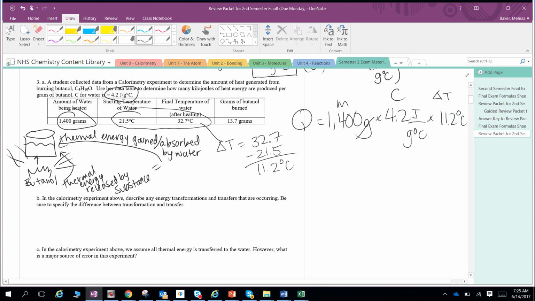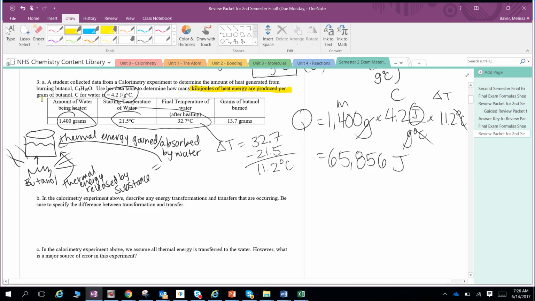Now right away I can see some of my units are going to cancel out. Grams and degrees Celsius, I'm going to be left with joules, which is good because I want to know how much energy that butanol was giving to my water. So this comes out to be 65,856 joules.